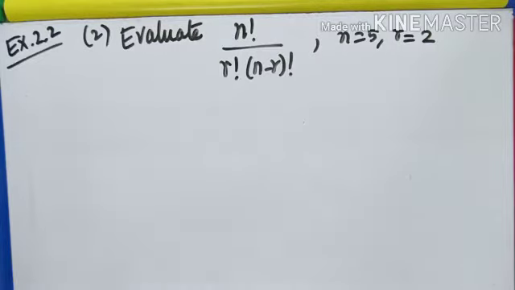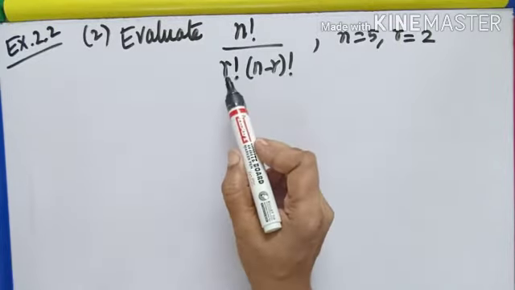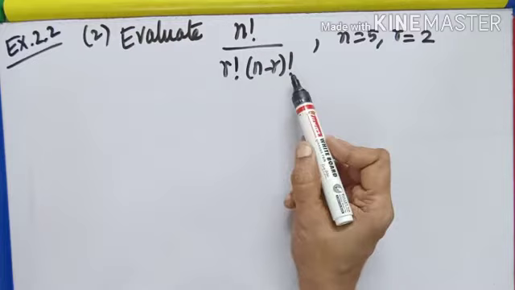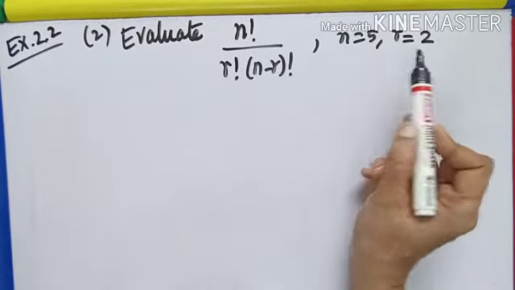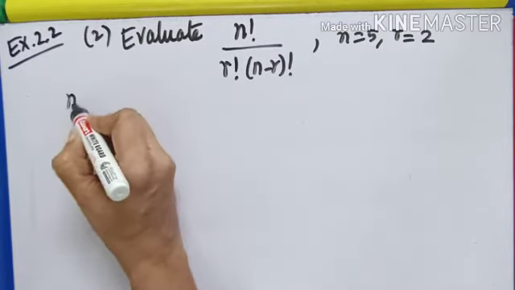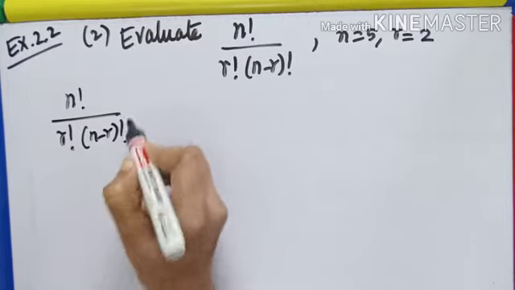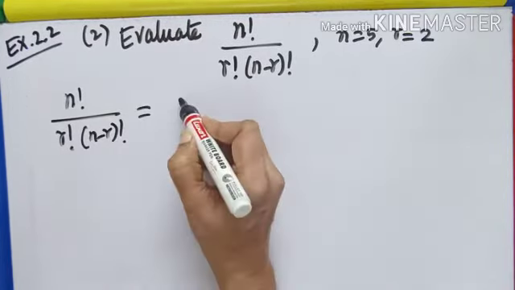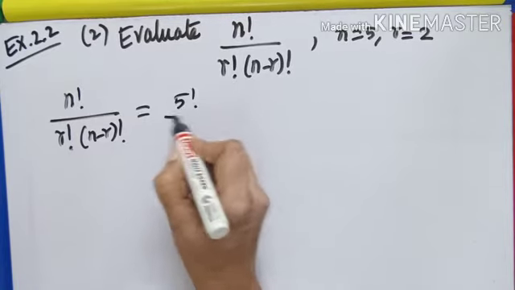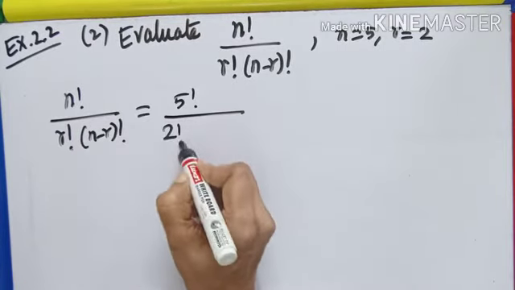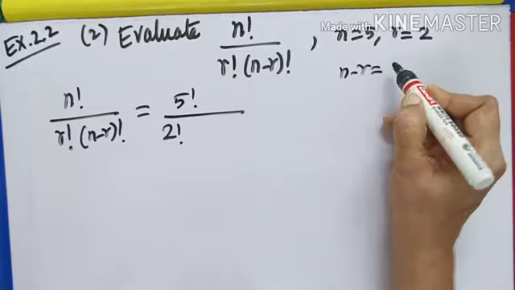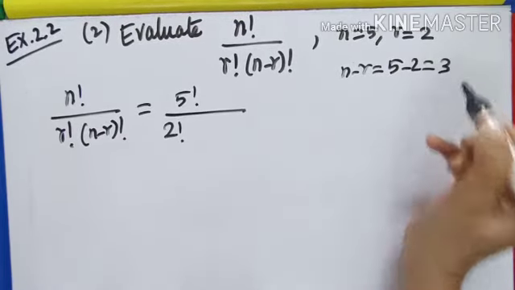Question number 2. Evaluate n factorial by r factorial into n minus r factorial given n is 5 and r is 2. n is 5, r is 2 and n minus r is 5 minus 2, that is 3.